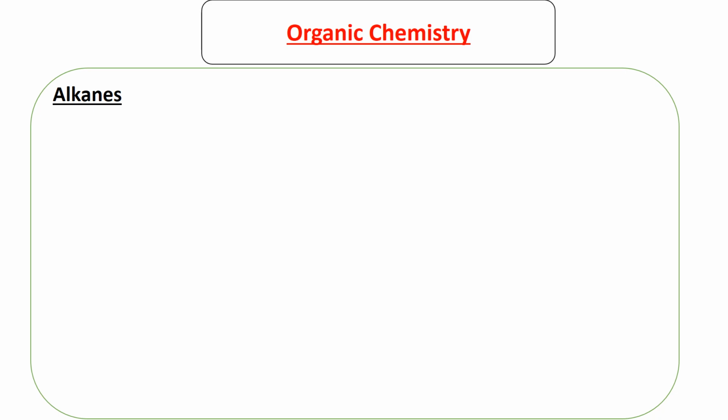Alkanes. So we're going to start with a term that you might be familiar with, which is saturated. We're going to start with the other name for alkanes, which is called saturated hydrocarbons. What does it mean? So I want you to think about this as we're discussing.